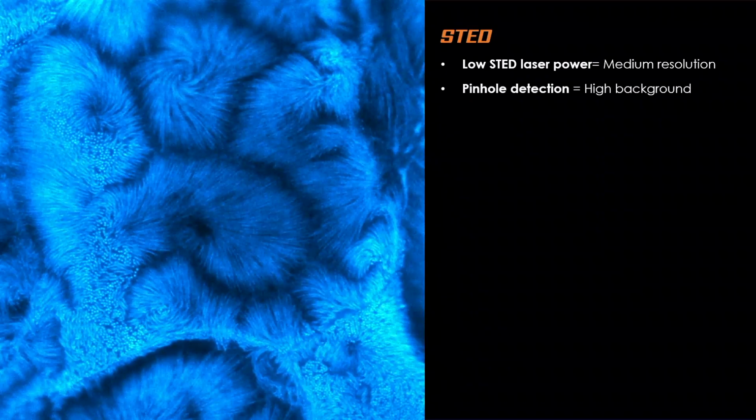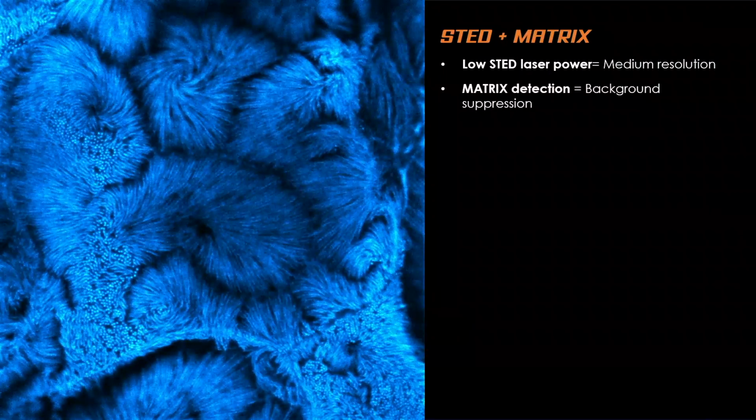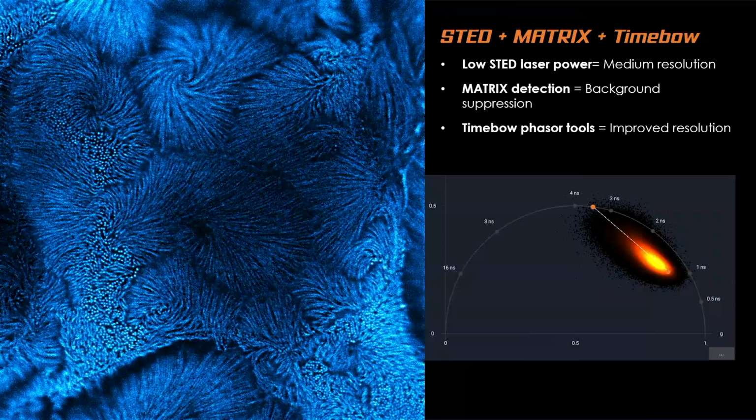Now, once I add Matrix detection to this, I can reject a lot of this confocal background and out-of-focus background. However, now if I also activate lifetime imaging via TIMEBOW, I can also reject more of the low resolution parts of this image, and I gain some additional resolution here. And I think this becomes especially visible in the slightly more crowded areas, where we have very fine structures.